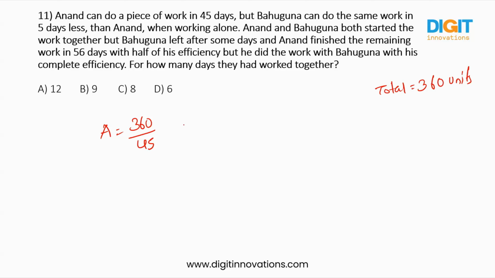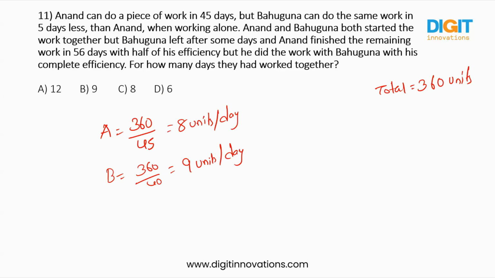So he was completing only 8 units per day. When it comes to Bahugan, he was taking 5 days less than Anand. That means he is taking only 40 days, which is 9 units per day. Okay.